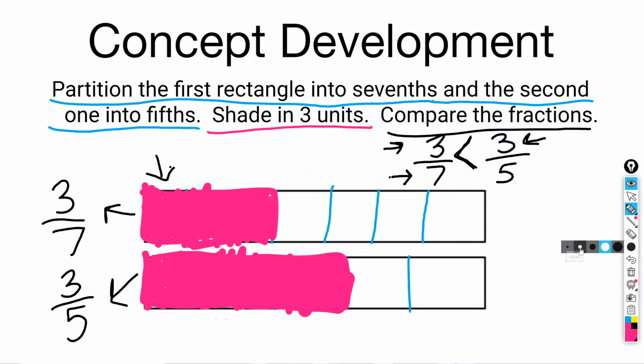So remember, when the top number or the numerator is the same, you have to look at the bottom number. If the bottom number is bigger, the pieces are smaller, so the fraction is smaller. If the bottom number is smaller, then the pieces are bigger, so the fraction is bigger. So it's kind of opposite, so you kind of have to think about it that way.